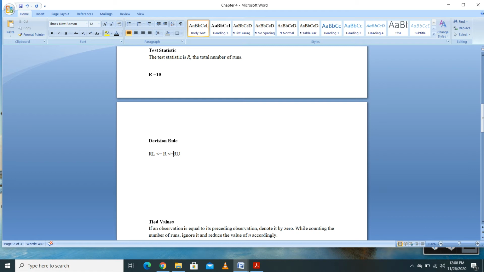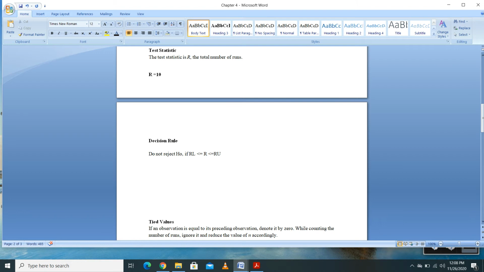If our test statistic is in between these 2 values, we do not reject H naught. If not, we can reject H naught, right?